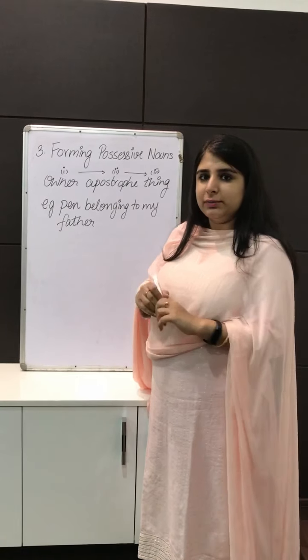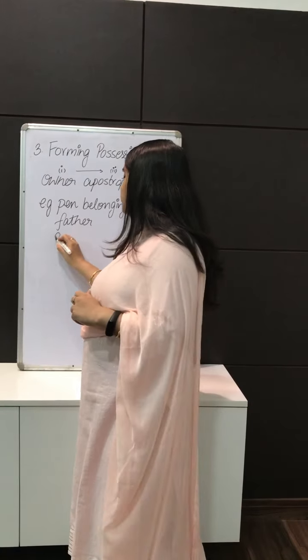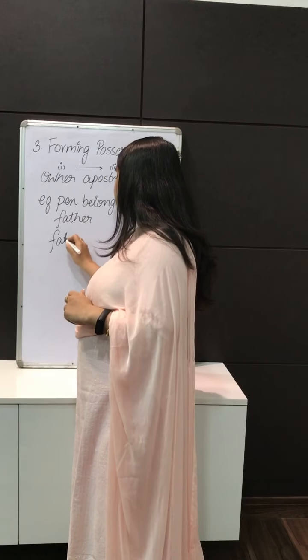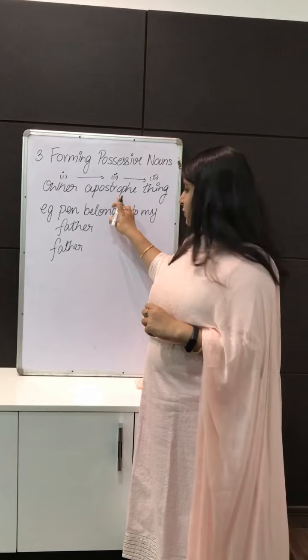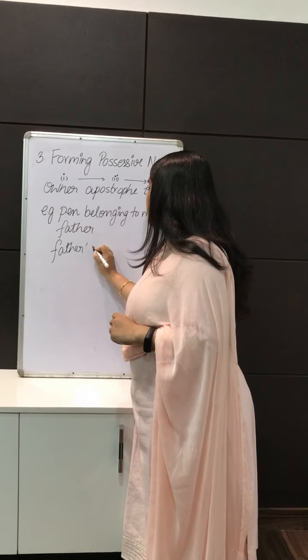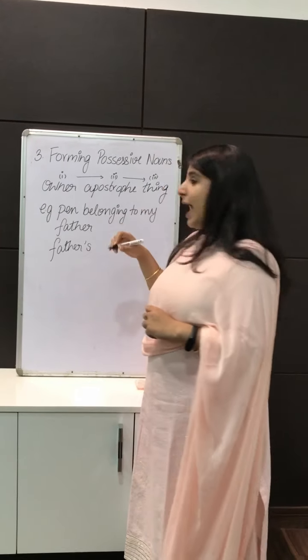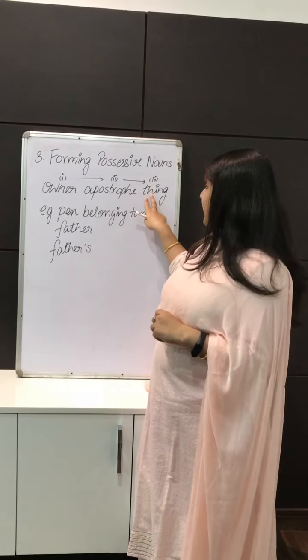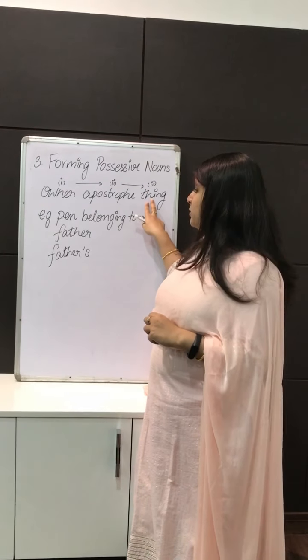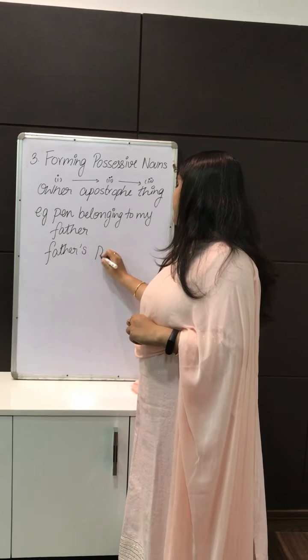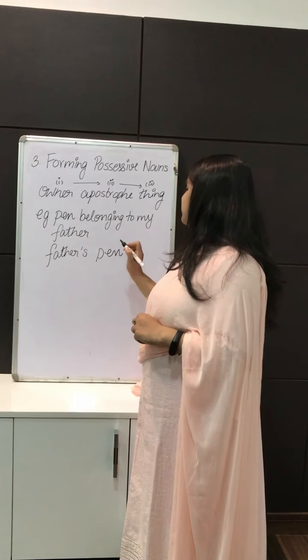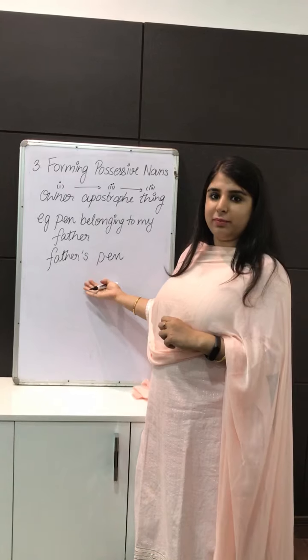Who's the owner? So father is the owner. So first we'll write father. Then what's the next step? To put the apostrophe. So we are going to put the apostrophe. And what's the third thing? Thing that he owns. So what does he own? He owns the pen. So we will write pen. And here it is formed.